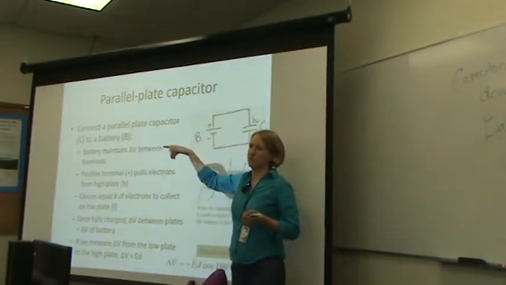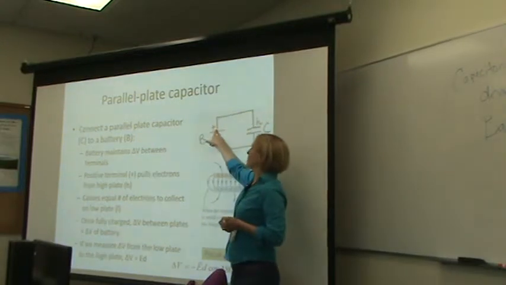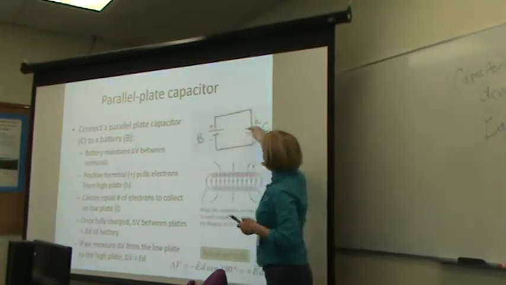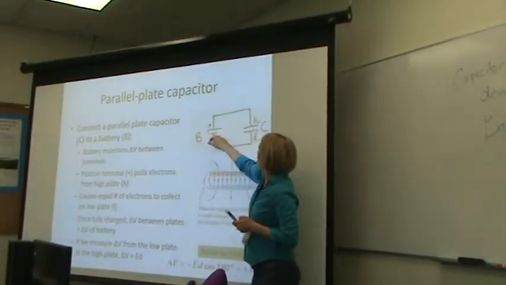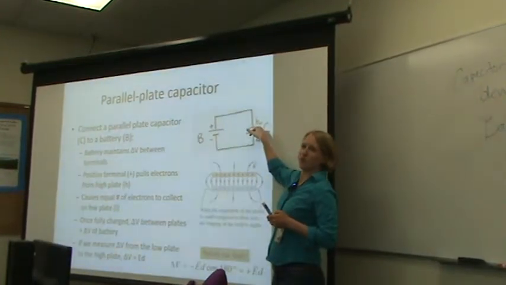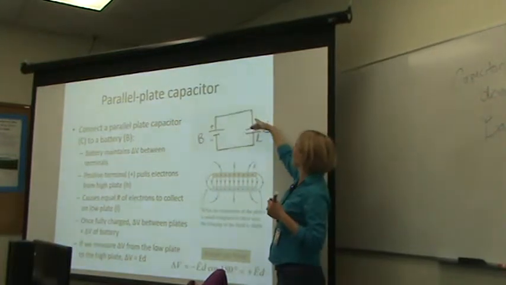And the wire is a conductor. So the electrons want to move, and they'll move towards this positive side, since electrons are attracted to a positive side. So if a bunch of electrons leave this top plate to go to the battery, what does that leave on the top plate? Positives, yeah. If a bunch of electrons leave, we're left with the positive plate on the top.